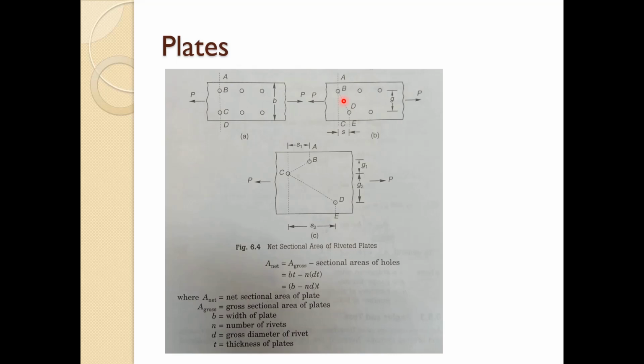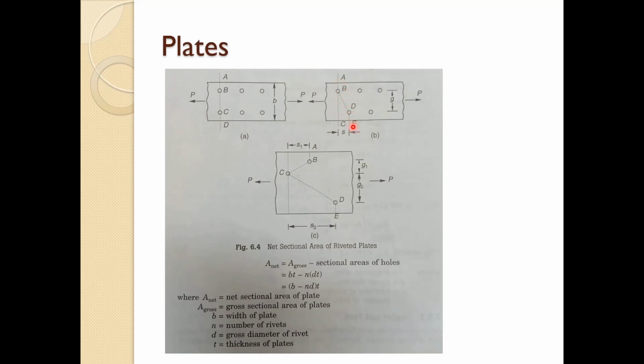The strength of the member along the section ABDE is obviously somewhere between the strength obtained by using the net area along ABC and the strength obtained by using the net area along ABDE, that is this line.